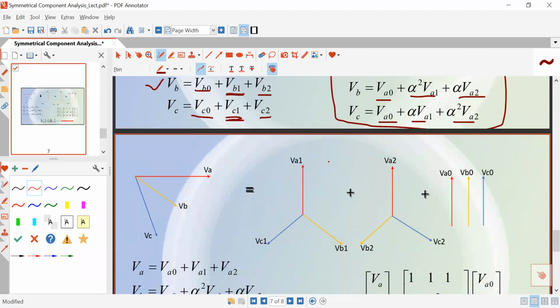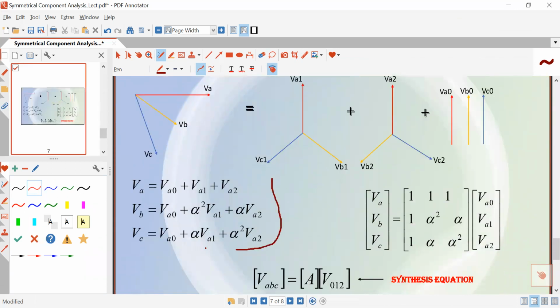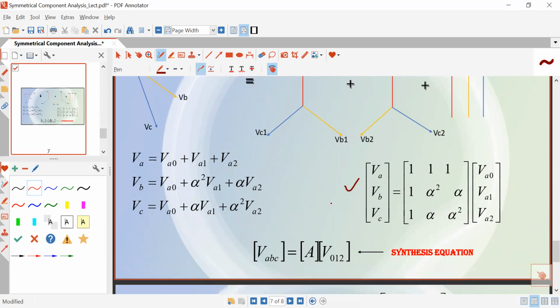If you write these equations in matrix form, in general you can write VABC equals A times V012. You must remember that VABC means VA, VB, VC in a column; it is a column matrix, and A is the transformation matrix.